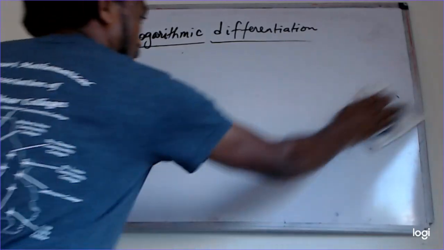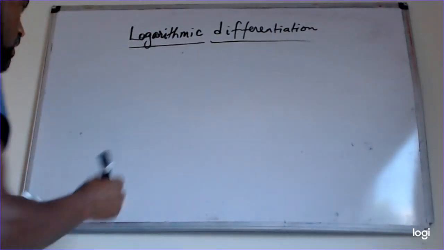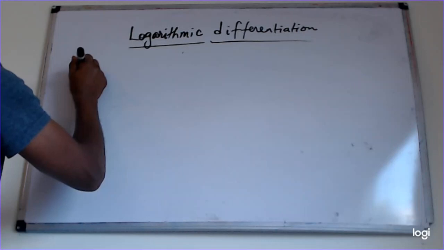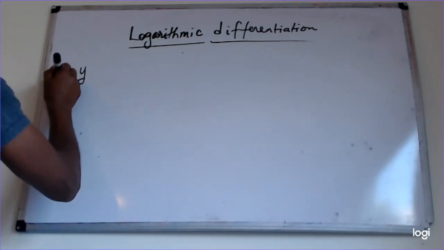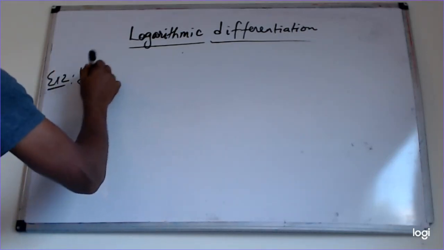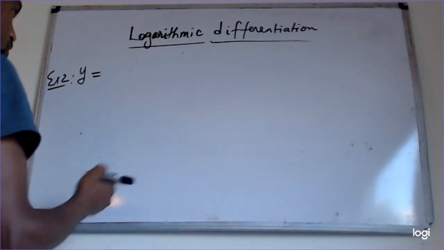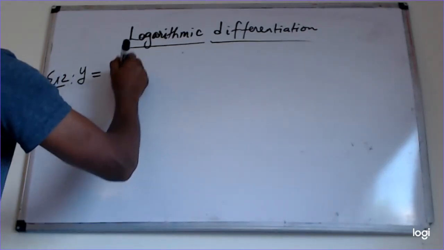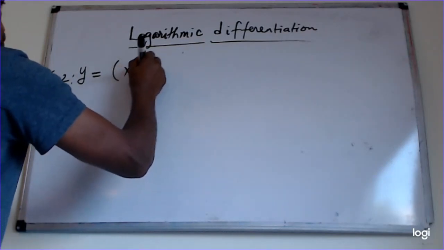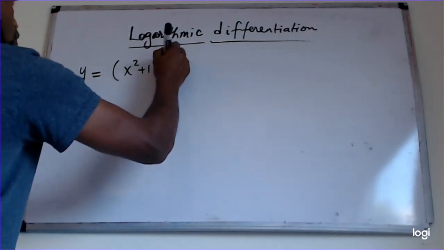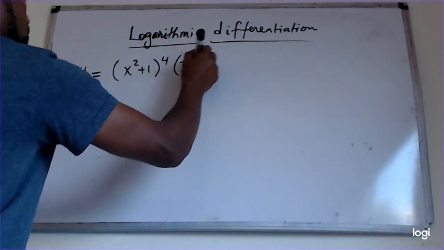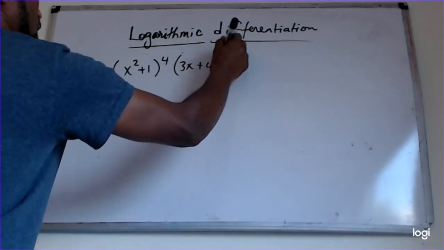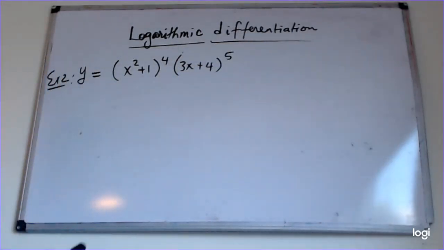If I do a polynomial function, I'm going to just consider y, example 2, y equals, instead of saying g of x or just f of x, I'm going to say y. Y equals x squared plus 1 to the power of 4 times 3x plus 4 to the power of 5, let's say.